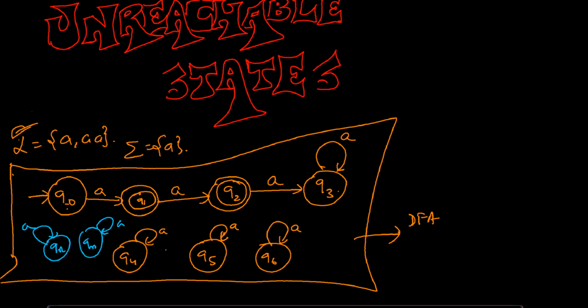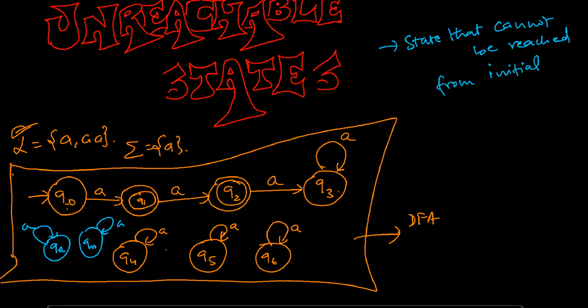So what is an unreachable state? A state that cannot be reached from the initial state is an unreachable state.